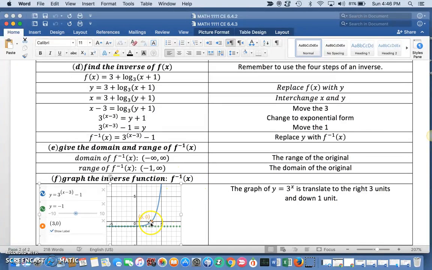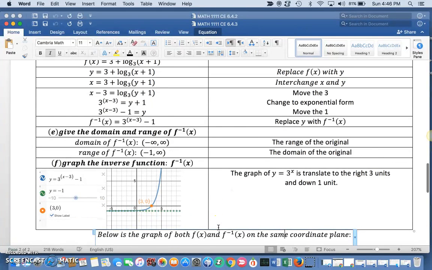The graph of the inverse looks like this, where you had the point (0, 3), now you've got the point (3, 0). Instead of the asymptote being vertical over here at x equals negative 1, it's horizontal right here at y equals negative 1.